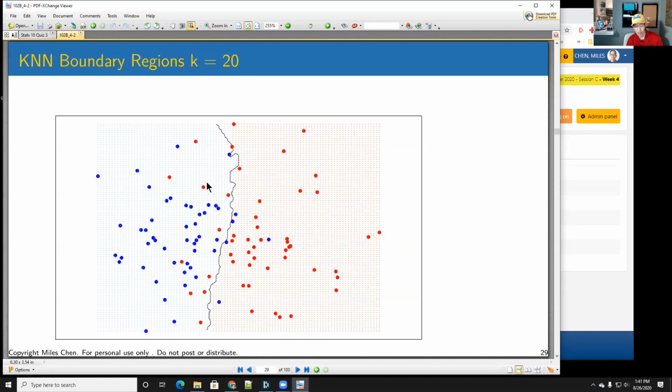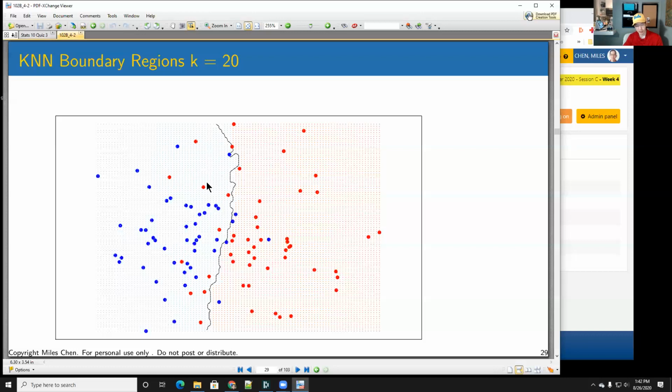The limitations are, as we pointed out, your data has to be all numeric in order to calculate distances. Right now I'm using Euclidean distance, but you can use other distance metrics. You can use the Manhattan distance, which is the absolute value of the difference in x plus the absolute value of the difference in y, rather than squared distances.